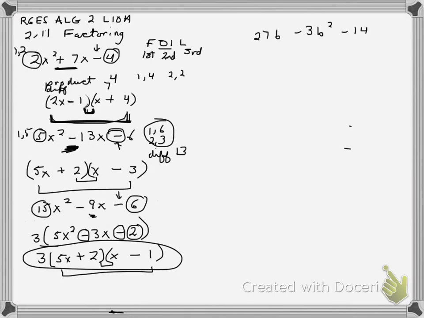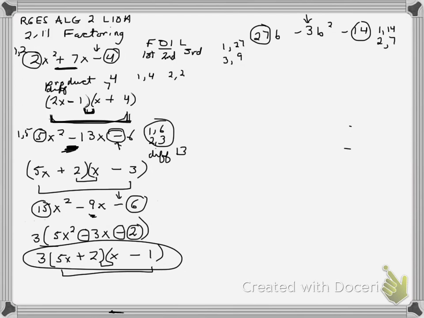No common factor here, so 27 could be 1 and 27, or 3 and 9, and that would be it. 4 doesn't go in, 5 doesn't go in, 6 doesn't go in, etc. all the way up. Okay, and 14 would have factors of 1 and 14, or 2 and 7. I need a combination that will give me a difference of 3.